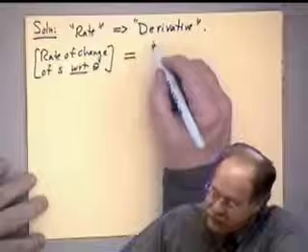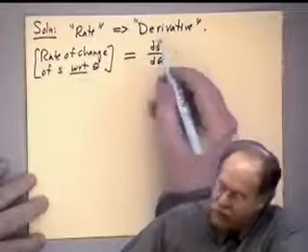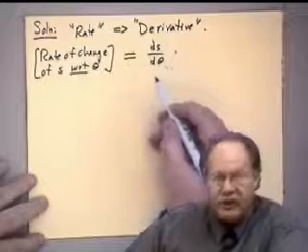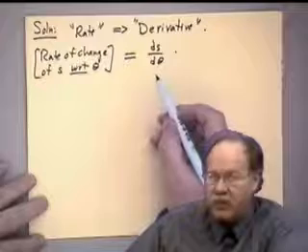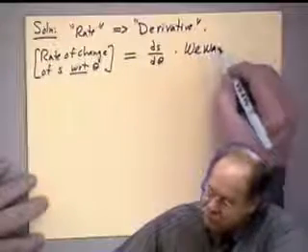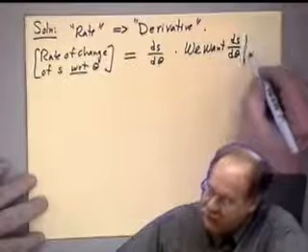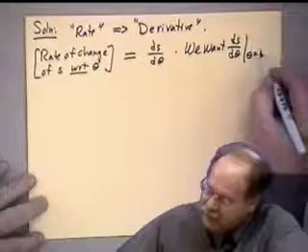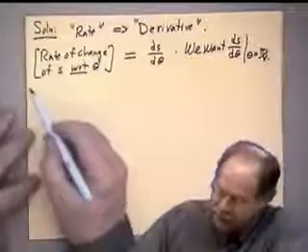Well, we simply write dS/dθ. Now, we're not really interested in this general formula, although it may be useful later. We're interested in it evaluated at one specific point. We want the derivative of S with respect to theta at the point that theta is equal to pi over 4, or 45 degrees. That's what we're interested in.